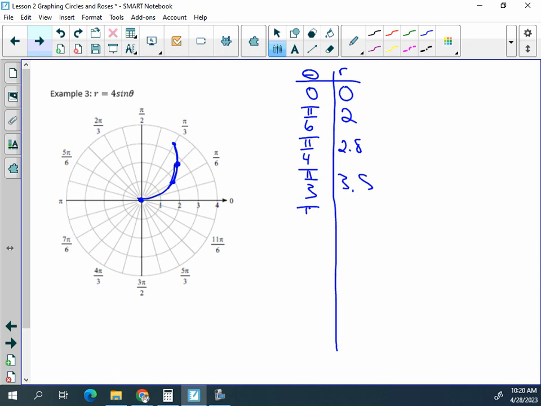All right, and then at pi over 2, sine is 1. 1 times 4 is 4. And now we're at the top of our circle here. All right, and then this is going to be symmetric. So if I plug in 2 pi over 3, the sine of 2 pi over 3 is square root of 3 over 2 times 4. That's going to be about 3.5.